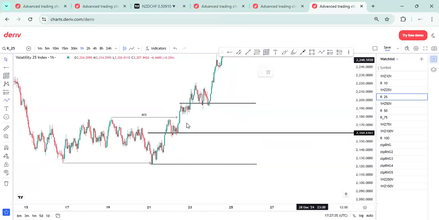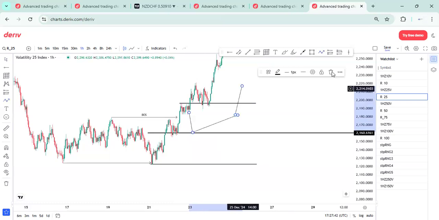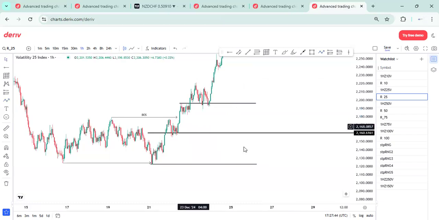If the market doesn't come below this line, you are not interested in trading. And in this case, the market never came, so we didn't have a trade. But in case the market should have come down, we are going to identify only 2 points of interest.